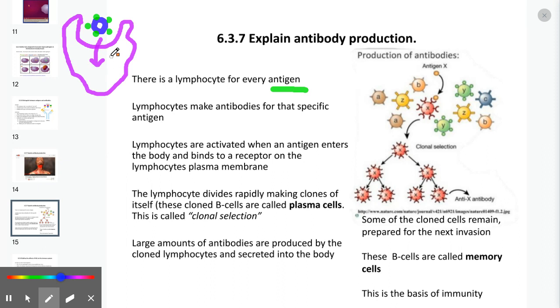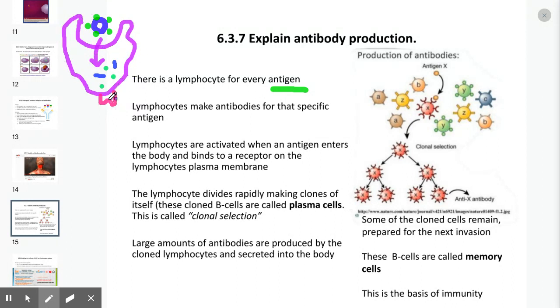So maybe there's like the outer shell here and the outer shell here. It's broken it into smaller pieces. But also, more importantly, are these antigens, these surface proteins. So what the macrophage will do is it will present this antigen on one of its surface proteins, on the outside of this gigantic white blood cell.